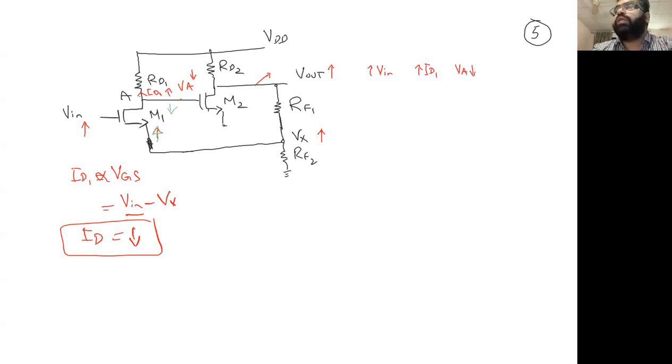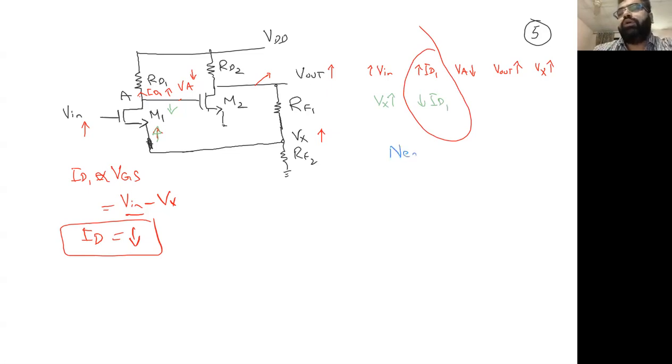VA potential goes down, the V out goes up, Vx goes up. As the Vx goes up, now this is in the feedback path. Vx will make ID1 go down. You can again see negative feedback.